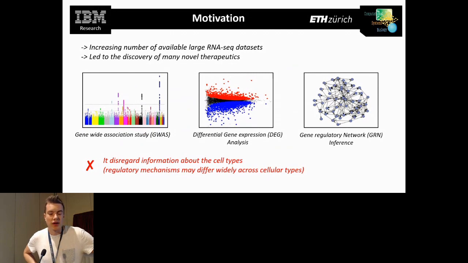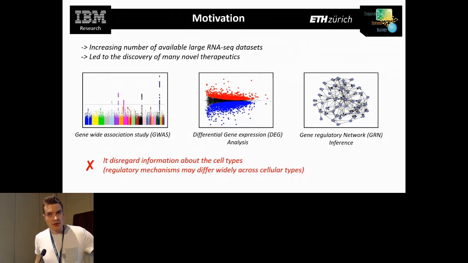We have led to the discovery of many novel therapeutics, but all of these methods generally disregard information about the cell type specific gene regulation, and this is a major drawback because depending on the cell type, the gene regulation is going to be very different. So this is the information that we would like to have in order to design more specific treatments.